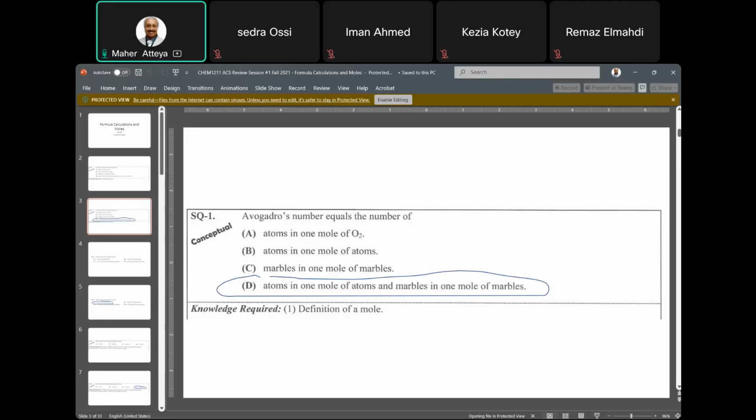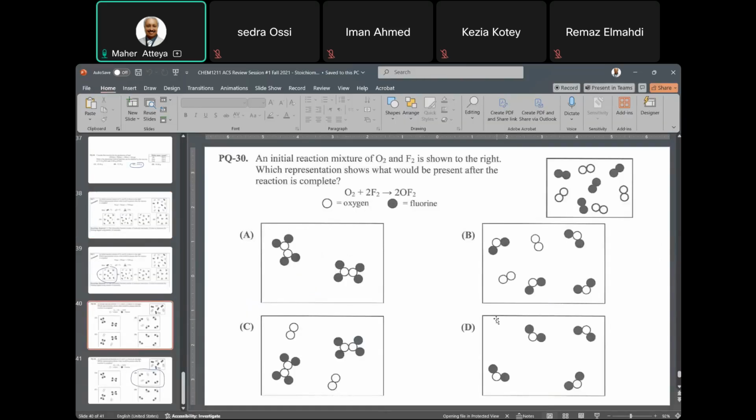We have different PowerPoints. This is the stoichiometry. Those are 7 big topics in the PowerPoints. You can study the molarity solutions and significant figures. All the topics are there in those 7 PowerPoint slides.